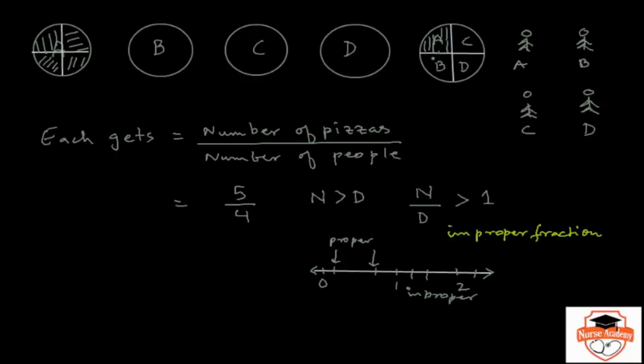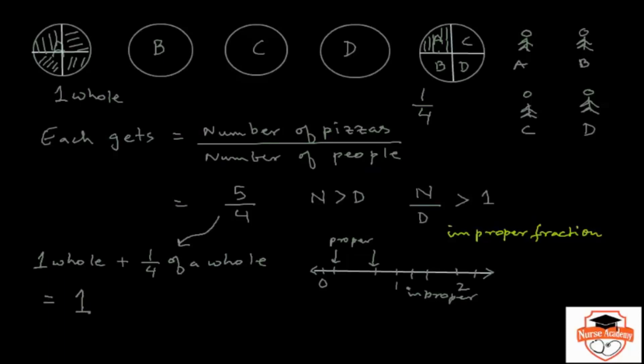Now let's look at A's share and think about it in a different way. As we can see, A gets 1 whole pizza and then another 1/4 of the whole. So this 5/4, another way to write that is 1 whole plus 1/4 of a whole. And another way to write this is 1, a big 1 to represent the whole, followed by the fraction 1/4.